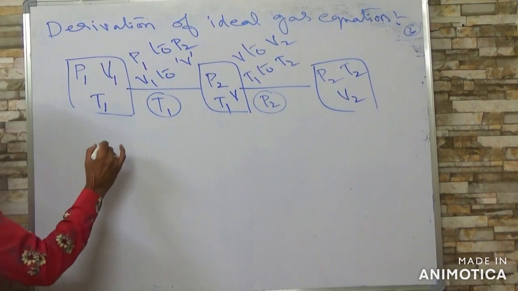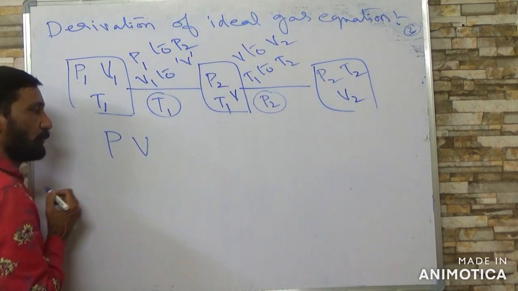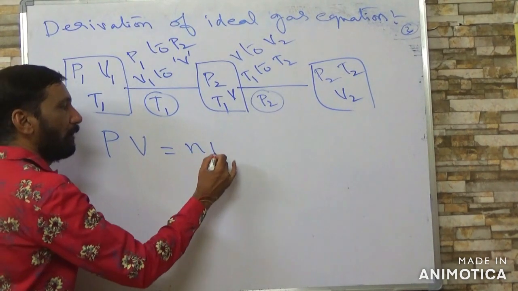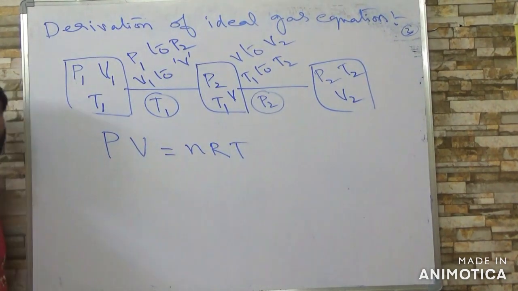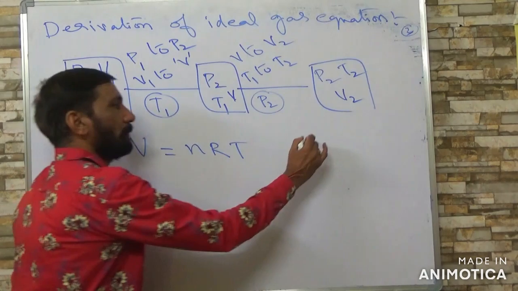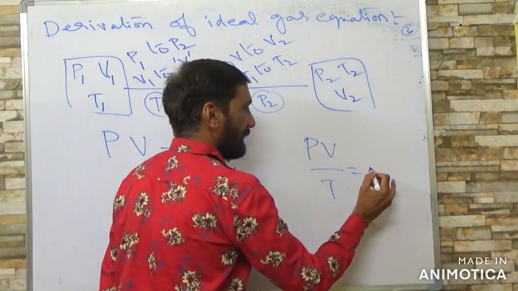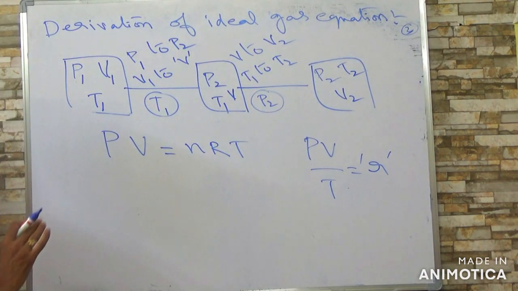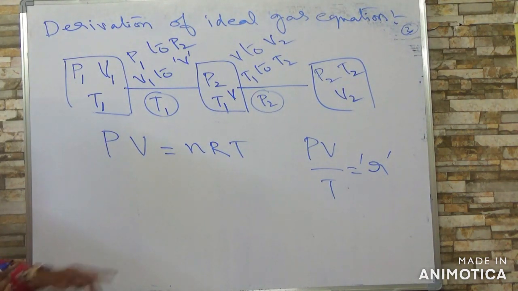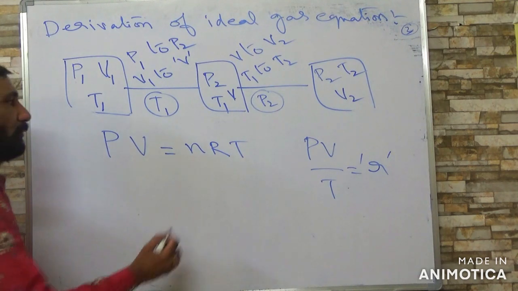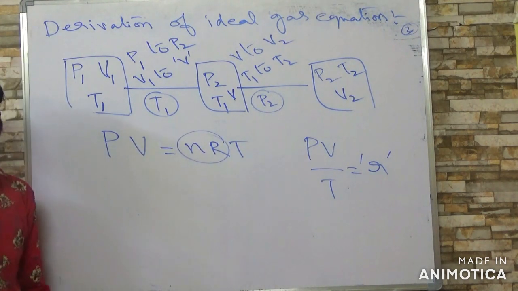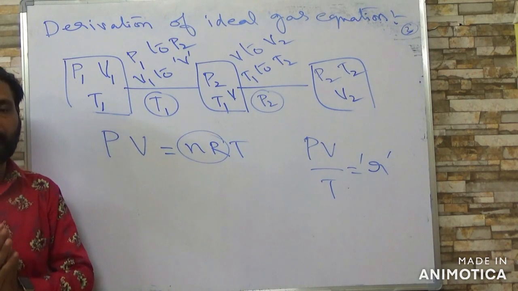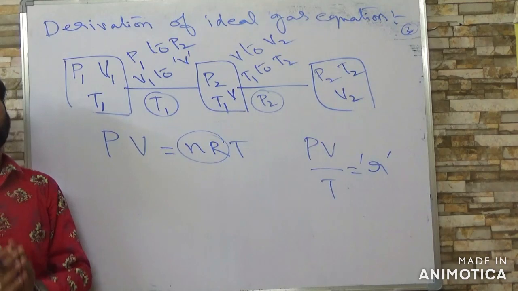When the mole concept is introduced, it is PV equal to nRT, because PV by T is taken as the specific gas constant. So whenever the number of moles of a gas is taken, it is PV equal to nRT. This R, the universal gas constant, means that the value remains the same for all gases.